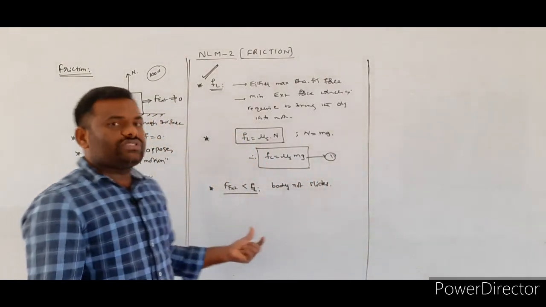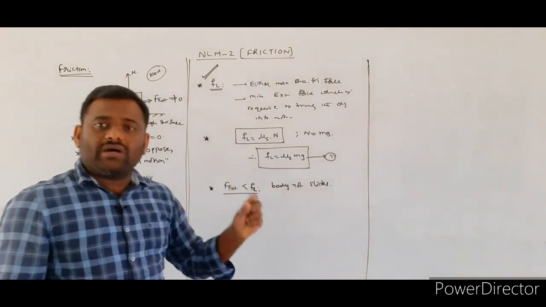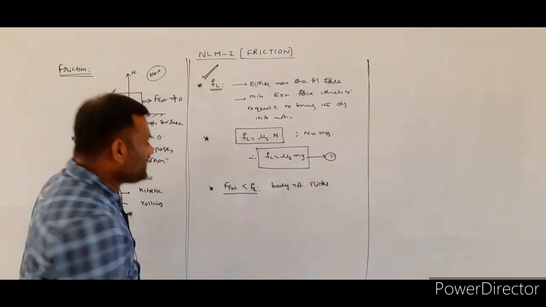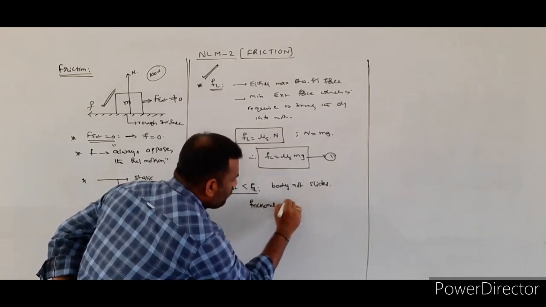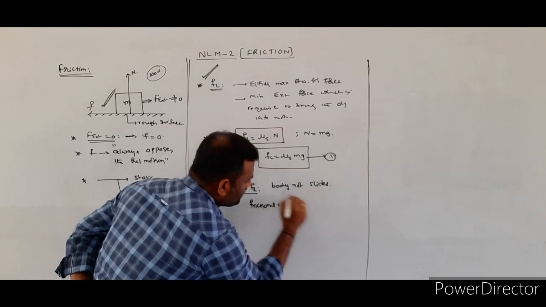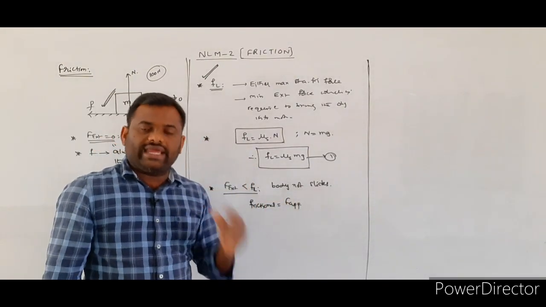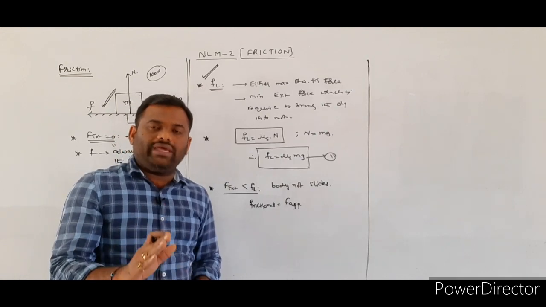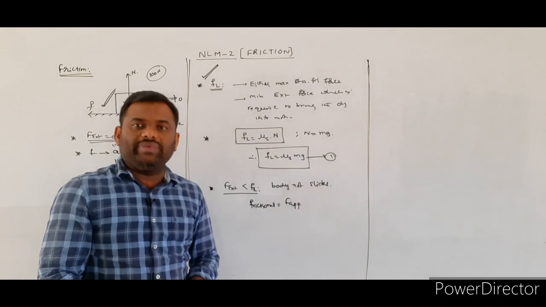Whenever the applied force value is less than the limiting friction, the body does not slide. In this case, the frictional force value is equal to the applied force. Whenever the body is in the state of rest, the body does not slide, and the frictional force value will be equal to the applied force.